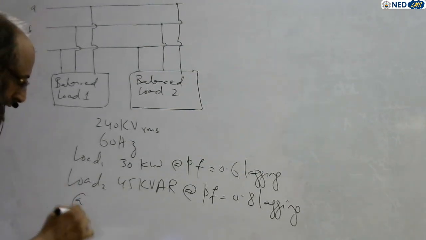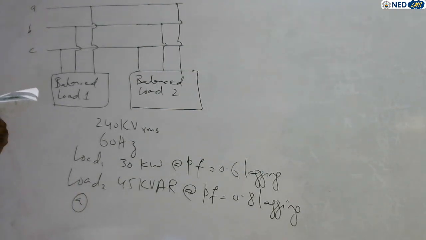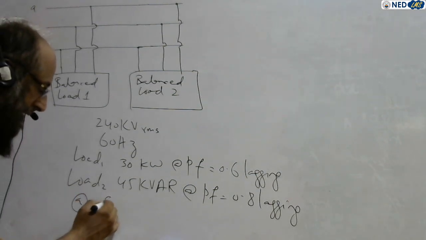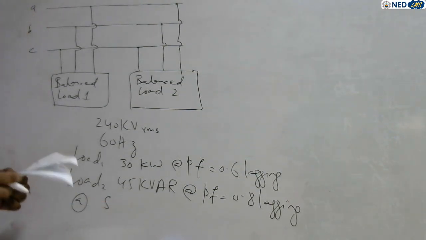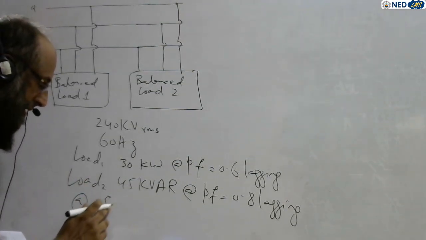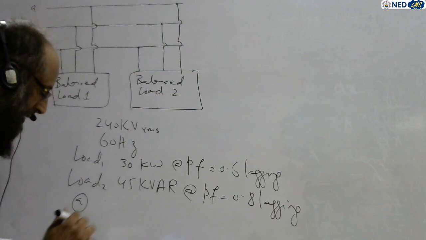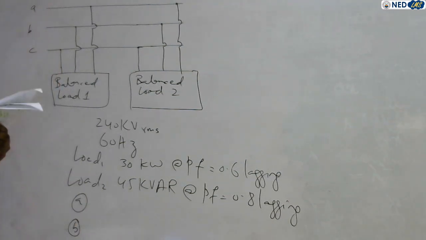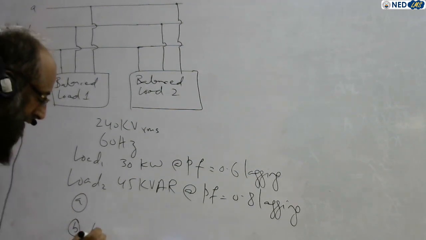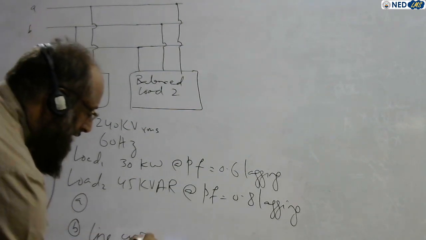Complex power is denoted by S. You have to find the complex, real and reactive power for the load. And similarly in part B, you have to find the line currents.